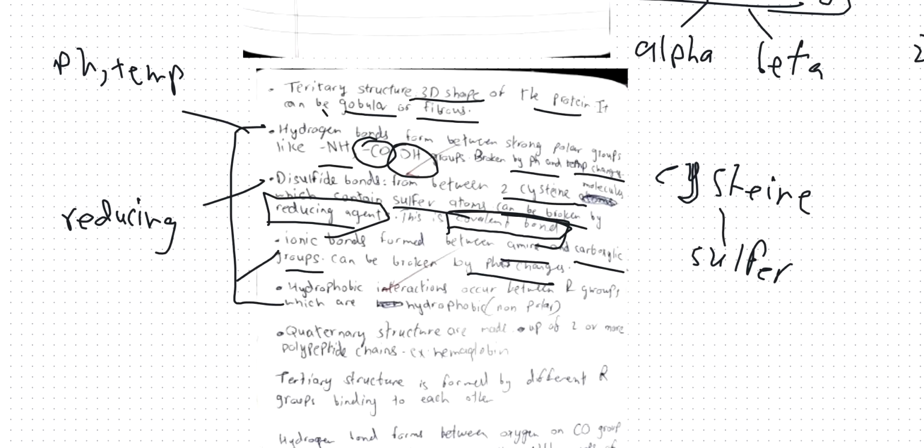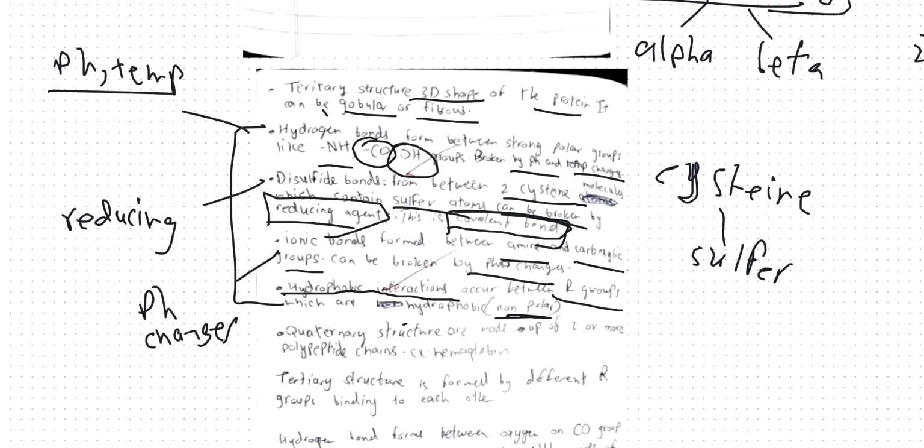Then there is one more, the hydrophobic interactions that happen between R groups, and these types of bonds are non-polar. So 4 types of bonds, remember the names and the reasons that they can be broken.